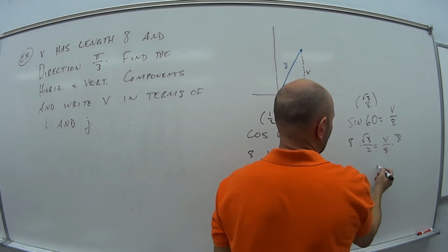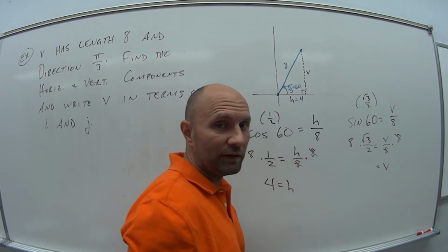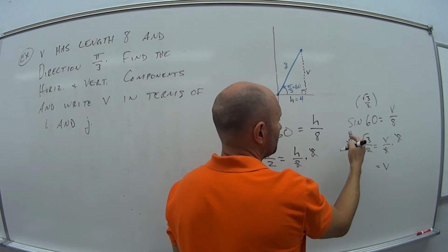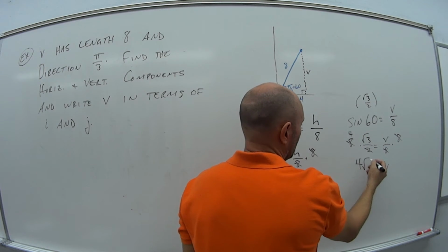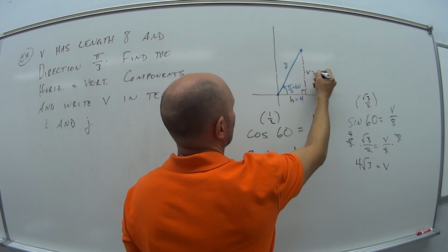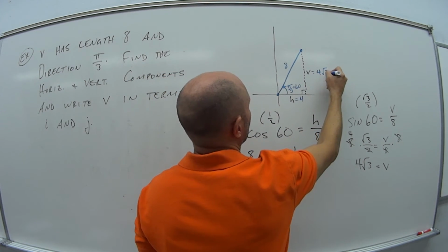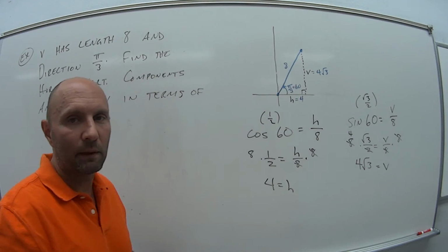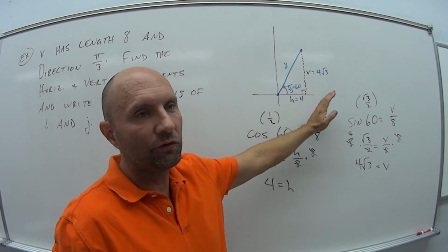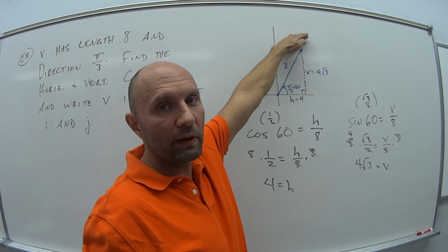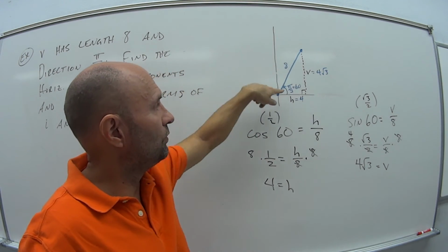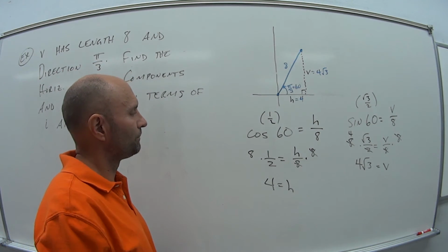The right side cancels out, and on the left, 8 cancels with 2, giving us 4, so we have 4 times the square root of 3 for our vertical value. Think about these vectors: if I start and get pushed 4 units to the right and 4 root 3 units up, it puts me right at this ending point, which is 8 units away from where I started.